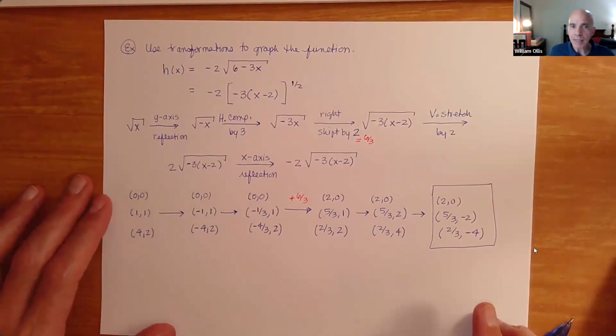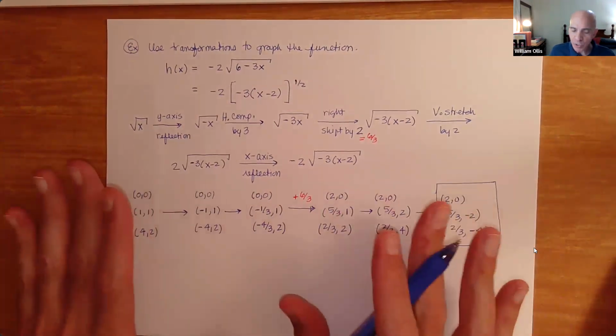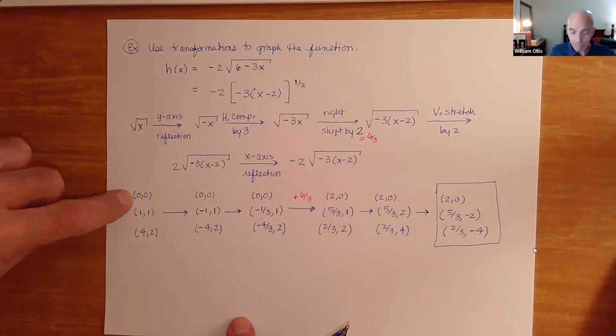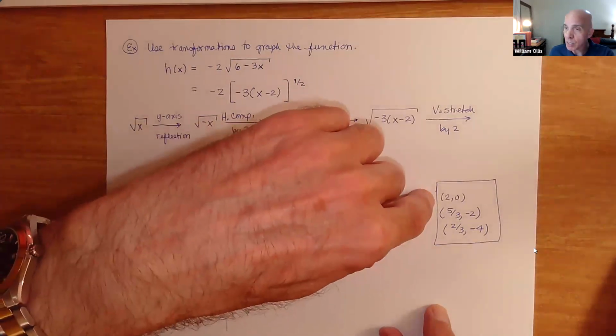So I will say this. This procedure allows you to use the shape of the parent function to draw the new function. And so what we see is that the point that defines the minimum of the square root function basically just gets mapped into 2, 0.